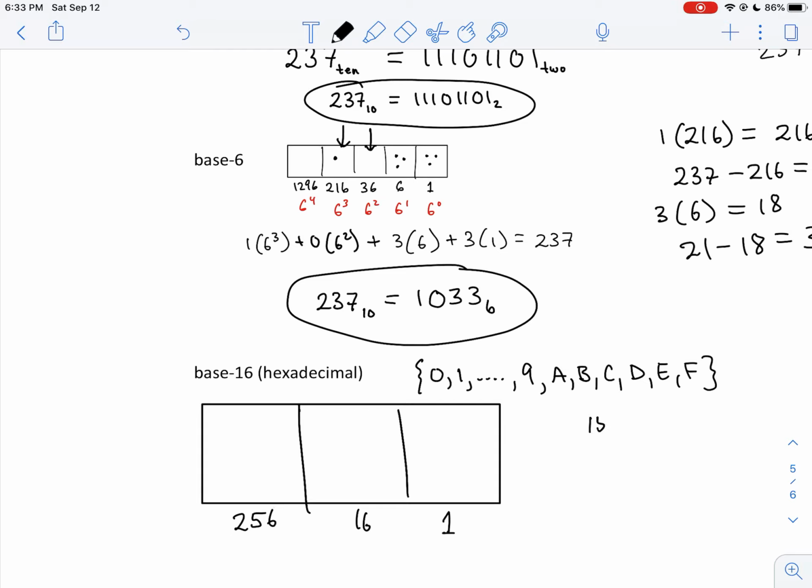There they are, 14, and they're in the wrong box. They should be in that box. There we go. We have 14 16s. That gets me up to 224. Then how many more do I need to get to 237? I need 13 dots. And I'm going to put 13 dots in the ones position. Let's just copy paste and remove one of them. There we go. And there's 13 dots in that position.